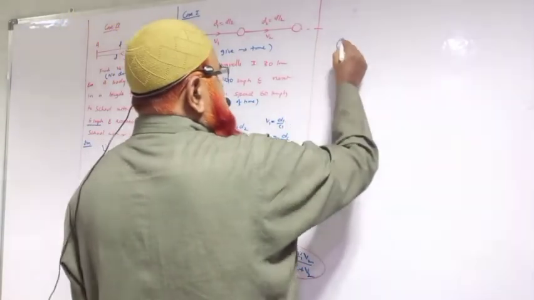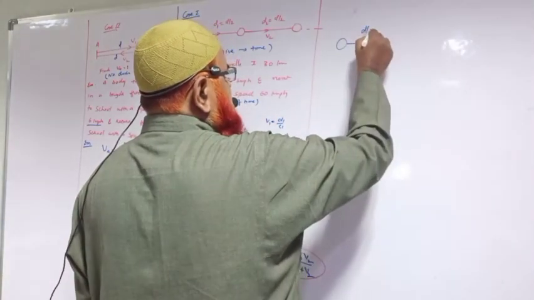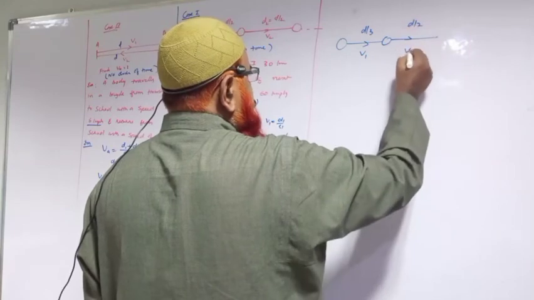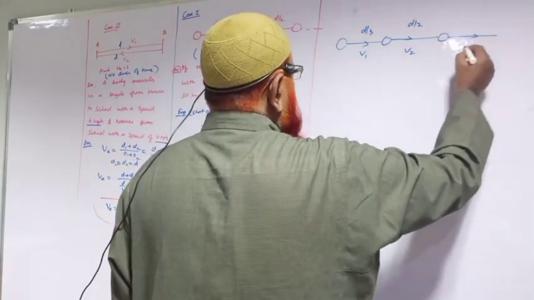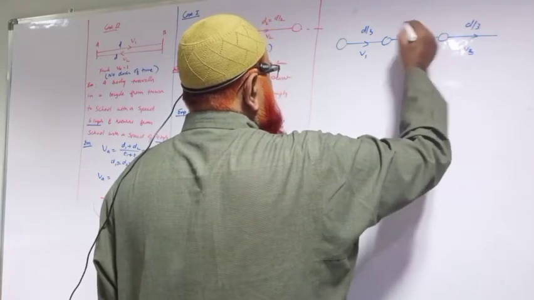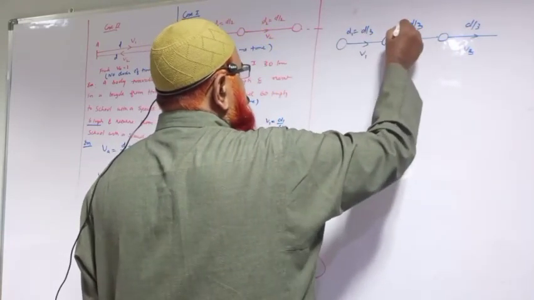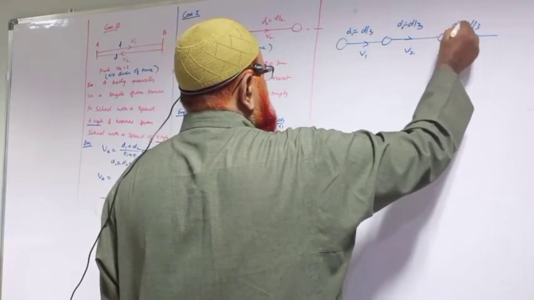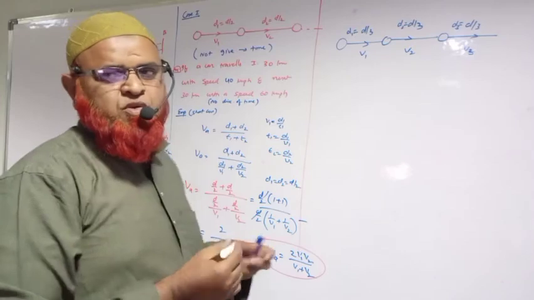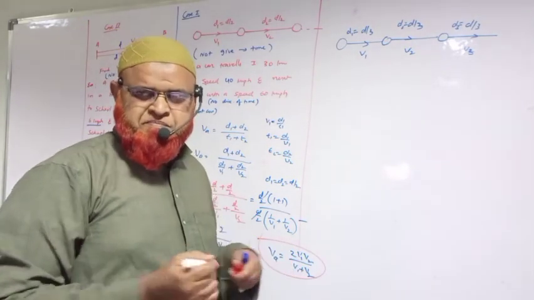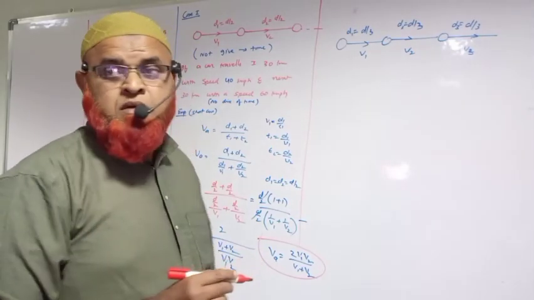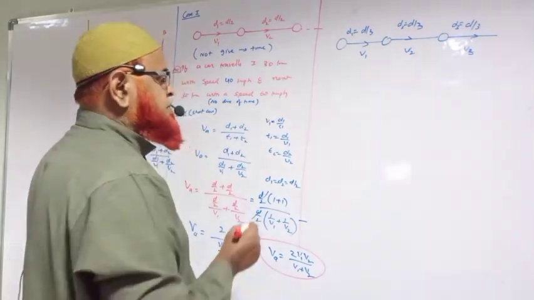If a body moves first 1/3 of a distance with speed v1, next 1/3 of a distance with speed v2, and the third remaining 1/3 of a distance with speed v3. So d1 is d by 3, d2 is d by 3, and d3 is d by 3. If this is the situation, what is the formula going to be? Can you imagine the formula? How much can it be?